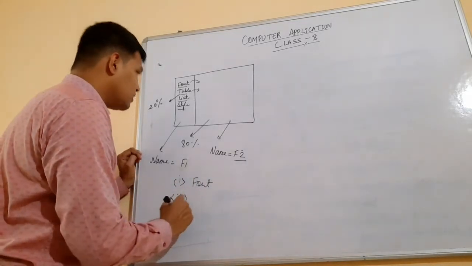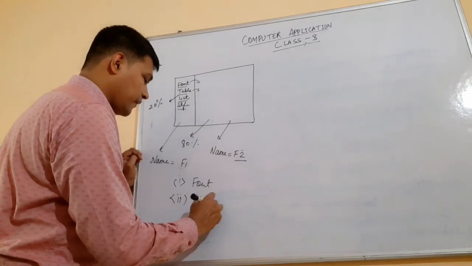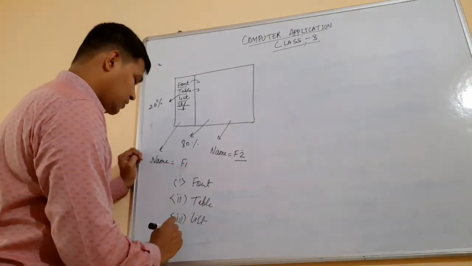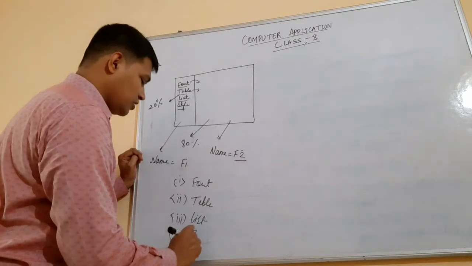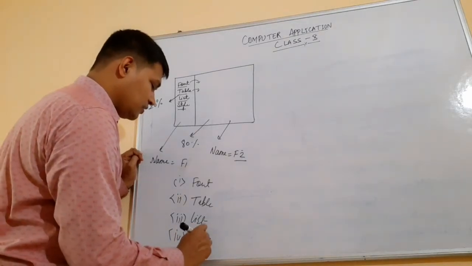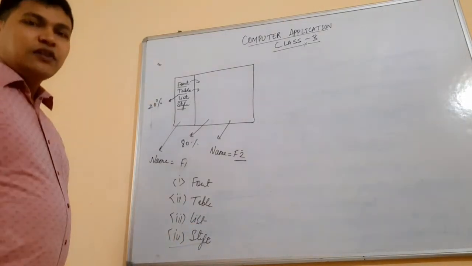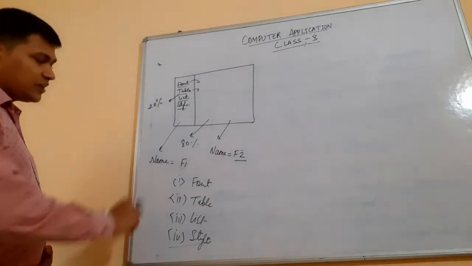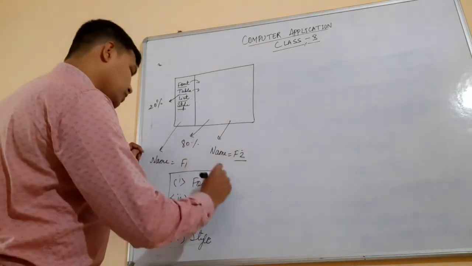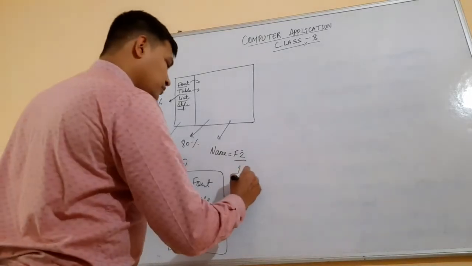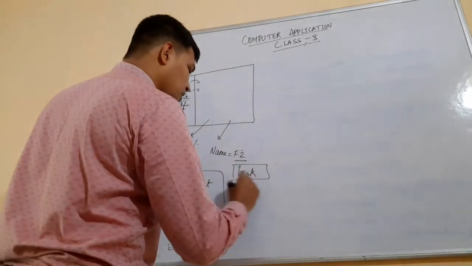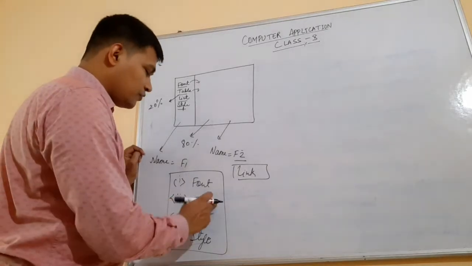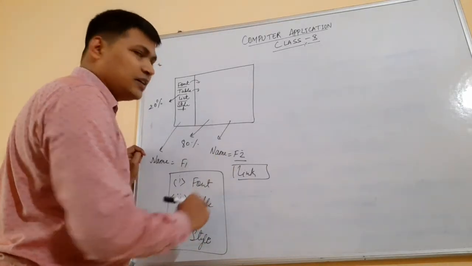The second file contains the information about table, the third file will contain the information about the list, and the fourth file will contain the information about the style tag of the HTML document. After creating these four files, you have to create another file by the name of link. In that file, you have to use these four files as links.